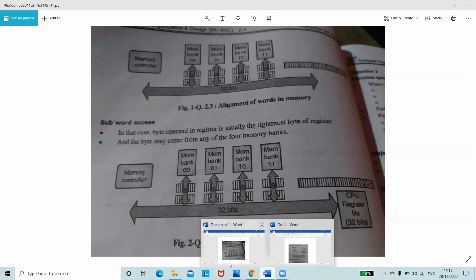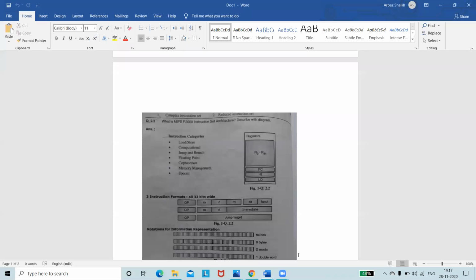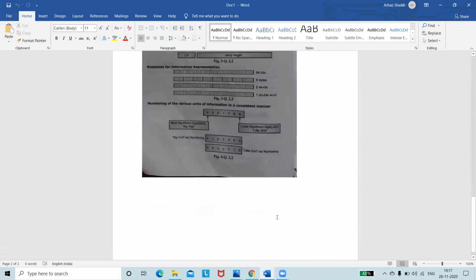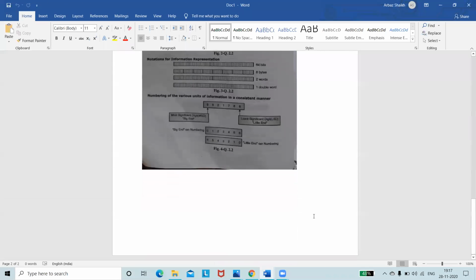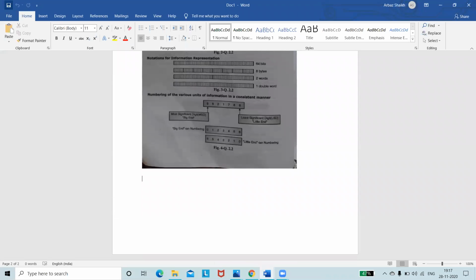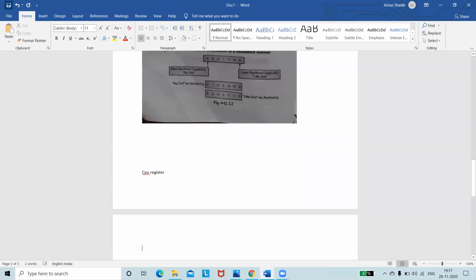So let me show you it. Okay, memory hierarchies में कौन-कौन से components लगेंगे? Hierarchy of memory will require CPU register, right? Then cache memory, right?